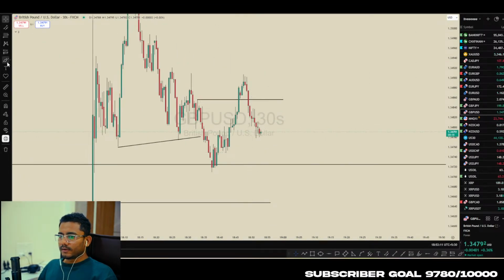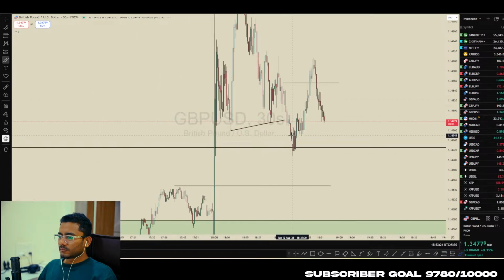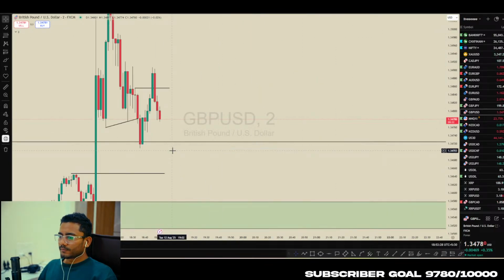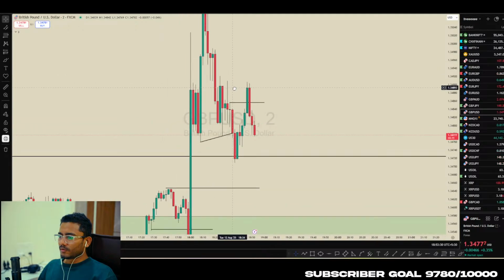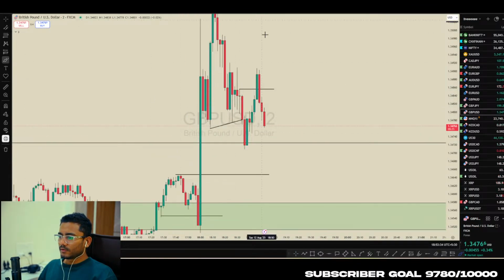I think it can tap this sort of block, but I wanted to see this break. I see. Because this is the structure where I started to sweep this liquidity.